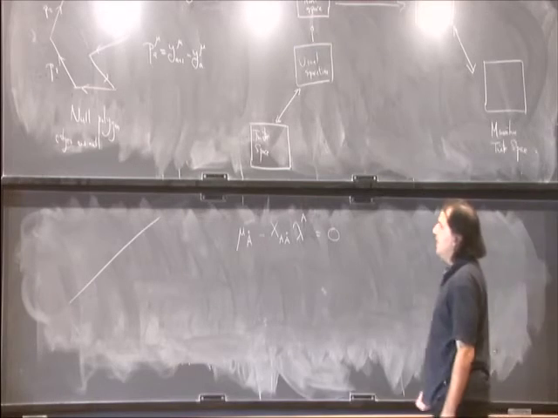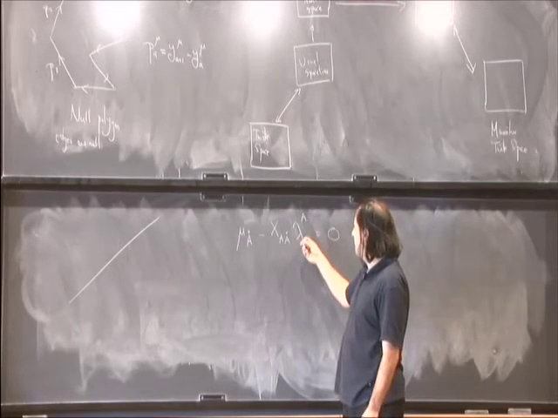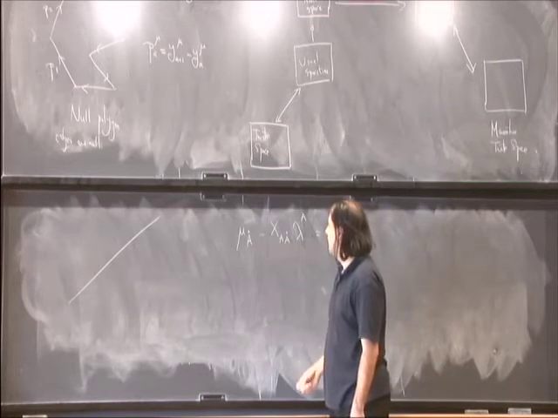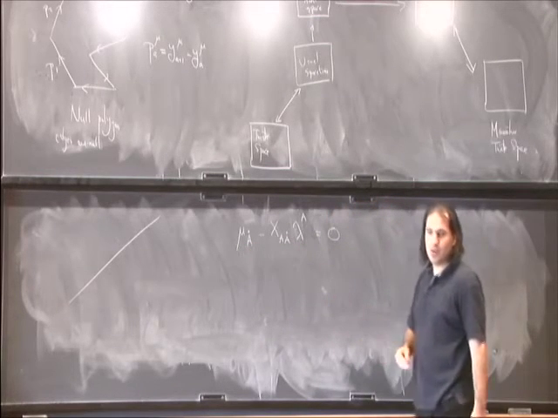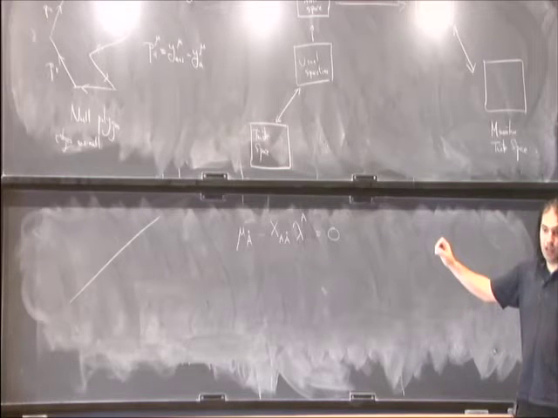Okay, so if you give me two complex spinors, lambda and mu, and I look at all the solutions to this equation, all the x's that satisfy that equation lie on a null line.